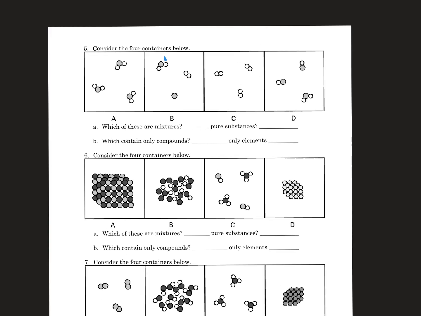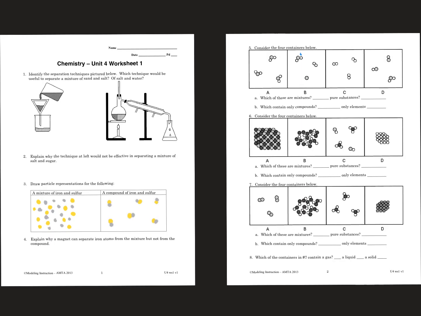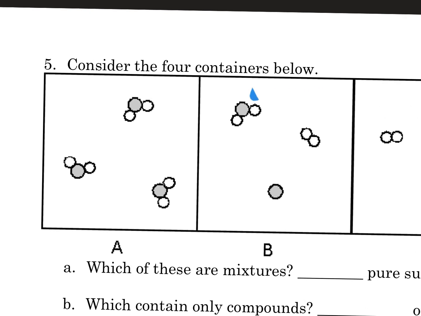Another example of that is here in A. Since this atom is touching this atom and this atom is touching that atom, I want you to think of those atoms as chemically bonded together. Again, this right here, two atoms that are chemically bonded together. They're touching each other, okay?